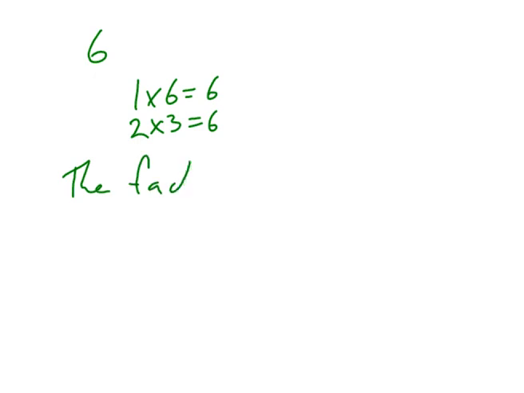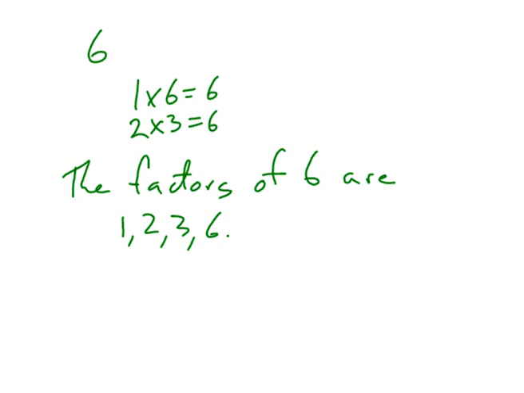So 1 times 6 is equal to 6, and 2 times 3 is equal to 6. There are no other factors involved, so I can simply say the factors of 6 are 1, 2, 3, and 6.